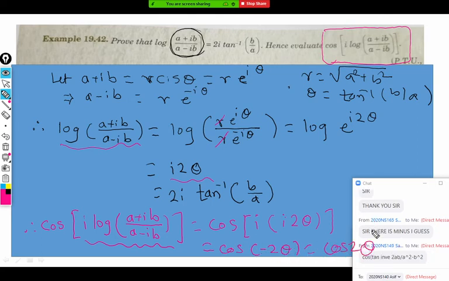Now cos 2 theta can be written as, those who don't know, remember this formula, it is 1 minus tan square theta upon 1 plus tan square theta. This is a trigonometric identity. Why are we writing in tan? Because this theta is available as tan inverse of b upon a. Theta is tan inverse of b upon a.